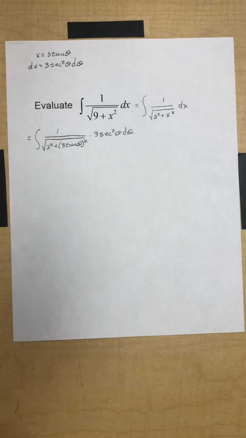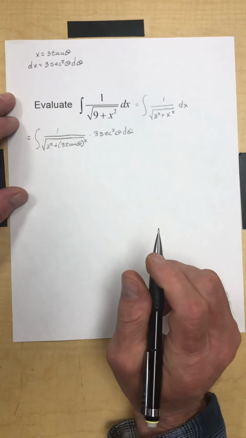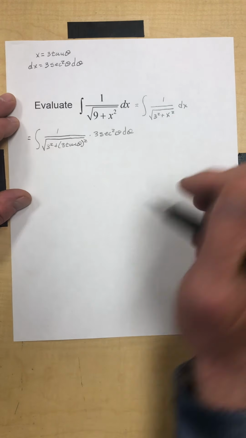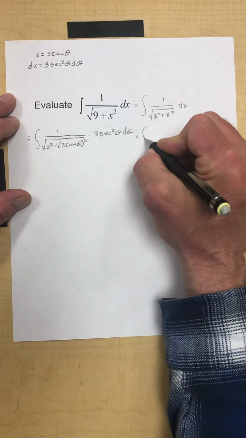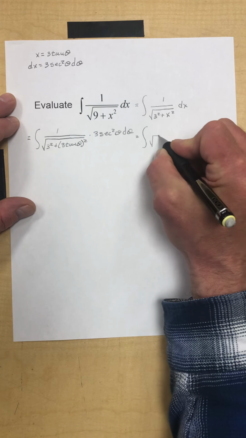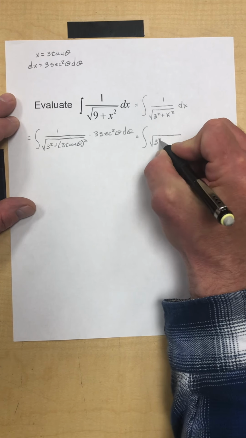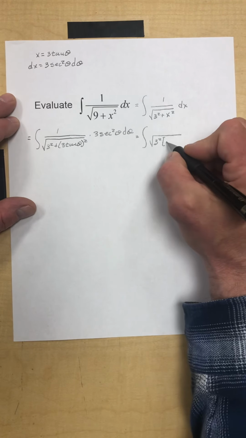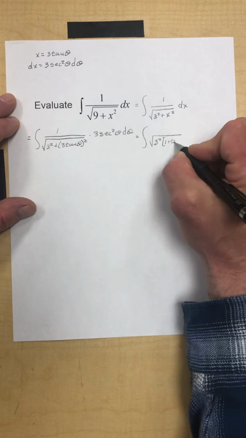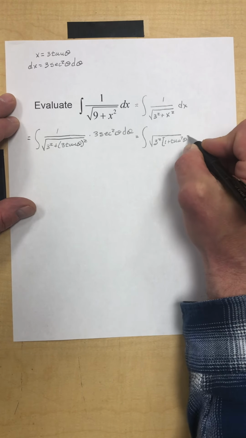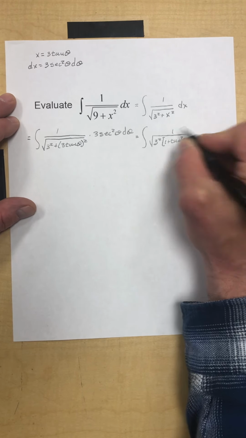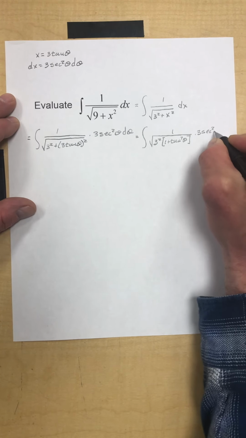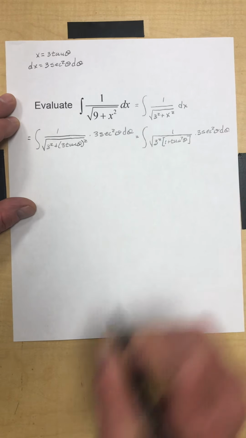Okay, all right, so let's see. Notice down here in the radical, I have a common factor of 3 squared. So I'm going to pull that out. I've got that 3 squared, and then I will be left with 1 plus tangent squared theta, and then I still have this 3 secant squared theta d theta.